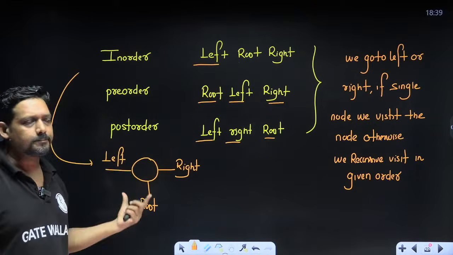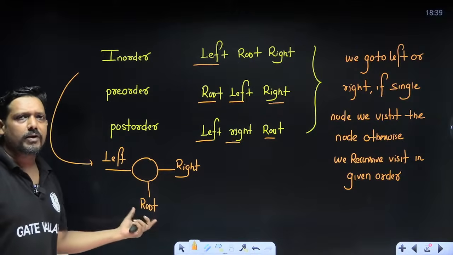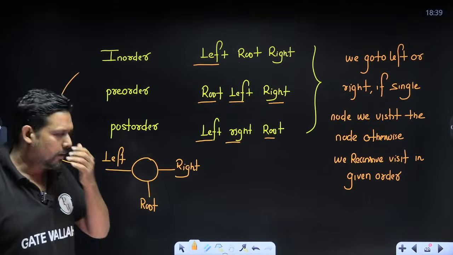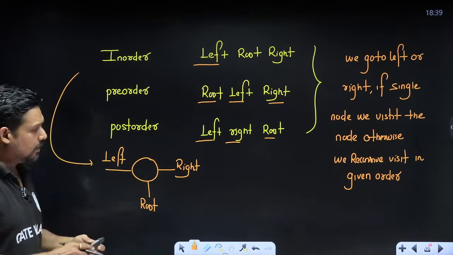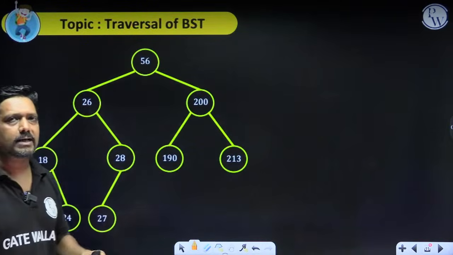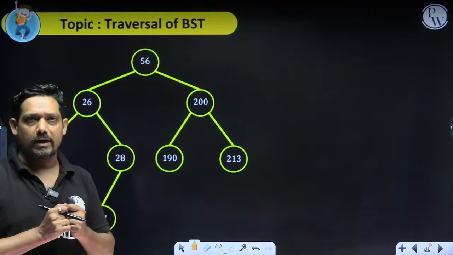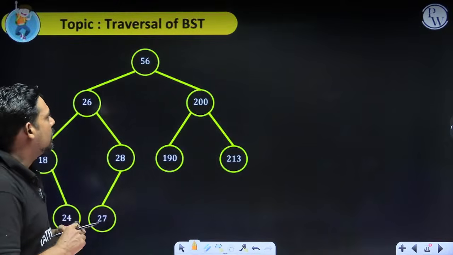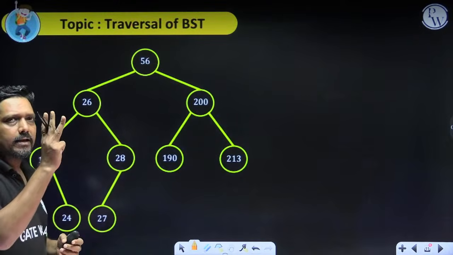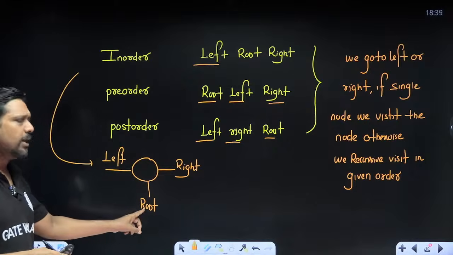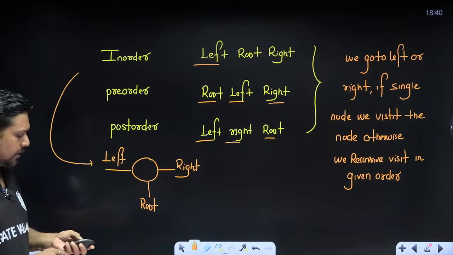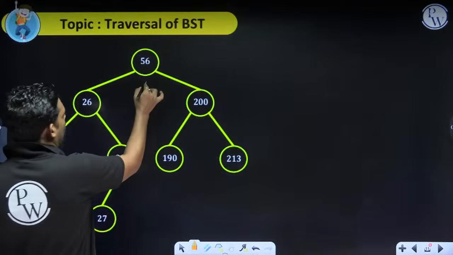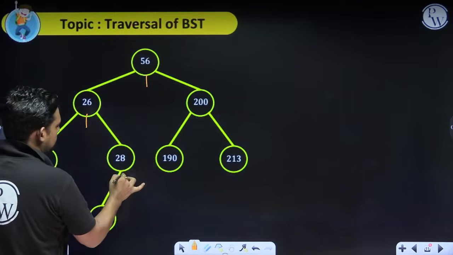The middle one is the statement where we visit the node, so root is in the middle. Now once you get a tree and somebody asks you to find the in-order traversal, among the three edges, the middle one is visiting the root. So for all nodes you draw the middle edge.